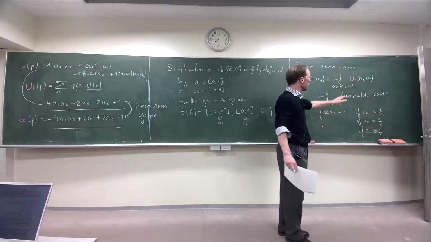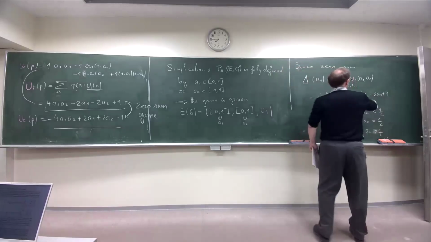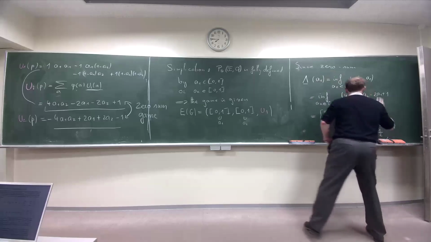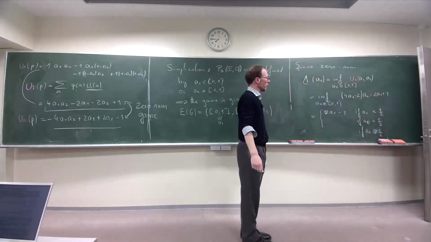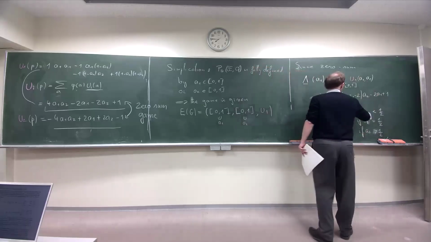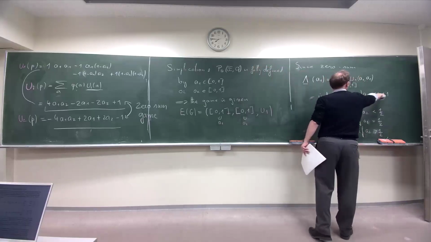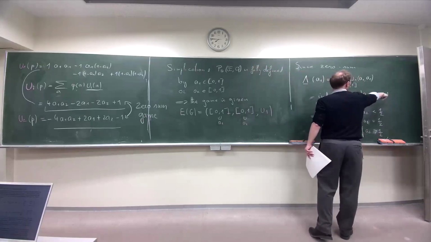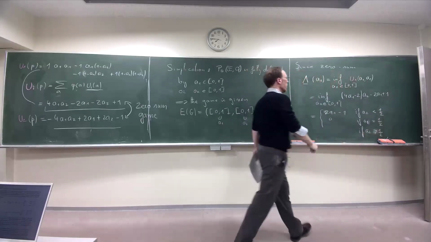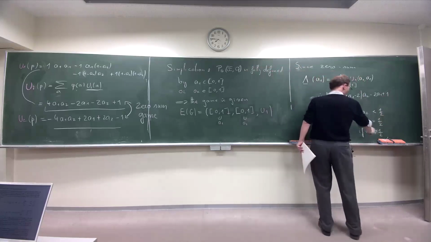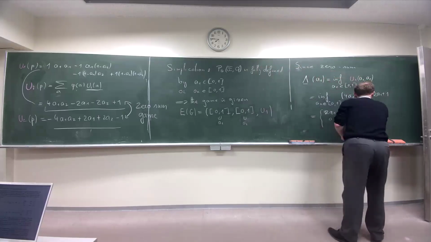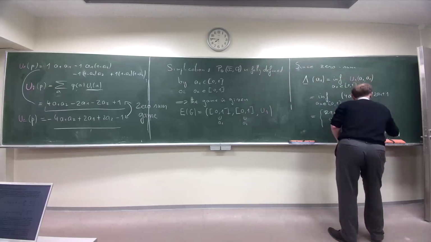Now, if A1 is 1/2, what do you get? You get 0, because this parenthesis is 0, and so it doesn't matter which A2 you choose. Sorry, I mixed two lines in my notes. It's A1, sorry.